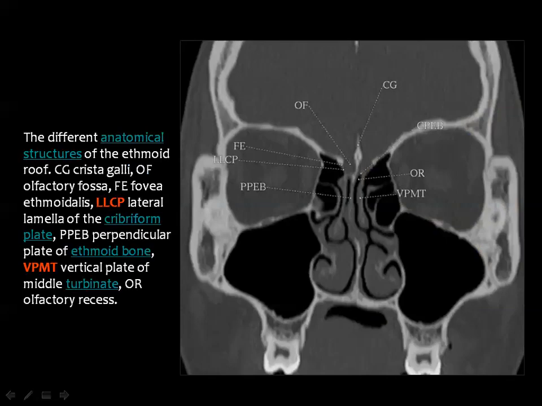And this is once more the anatomic details of the anterior skull base. This is the cribriform plate of ethmoids. This is the olfactory fossa, and this is the lateral lamella, and this is the fovea ethmoidalis, and this is the bony nasal septum, as you all know, and this is the middle turbinate or the vertical plate of the middle turbinate.